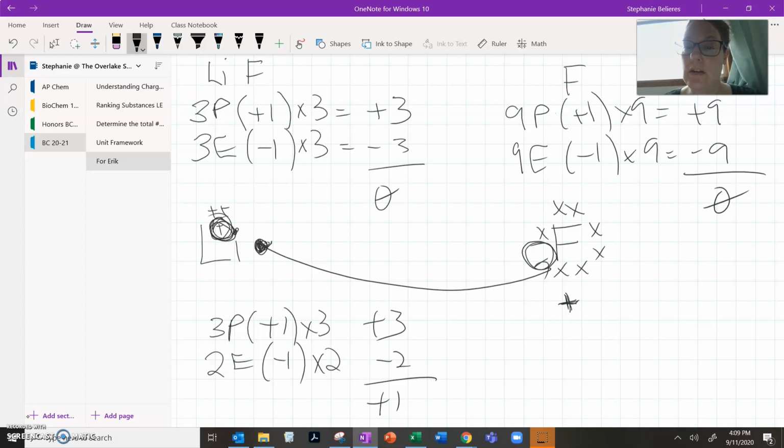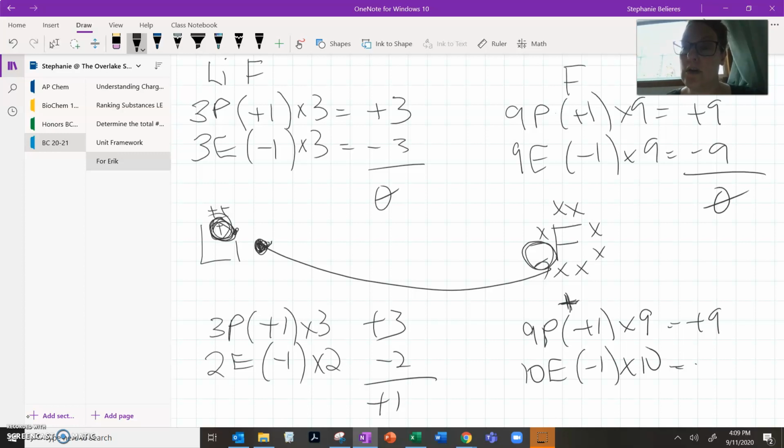Now fluorine has an extra electron. So now we're looking at 9 protons, so +1 times 9. Again, we're not ever going to mess with protons. But now it's got 10 electrons. All right, so this is -1. The charge that contributes to the charge on the fluorine is that extra electron, that extra electron now on fluorine.